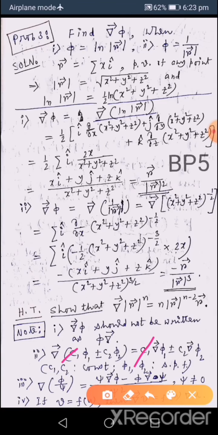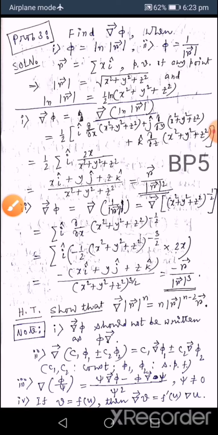Number 3, del of phi by psi, where phi and psi are scalar point functions, equal to psi del phi minus phi del psi by psi square, psi not equal to 0. And lastly, if v equal to f of u, a function of u, then del v equal to f dash u del u.